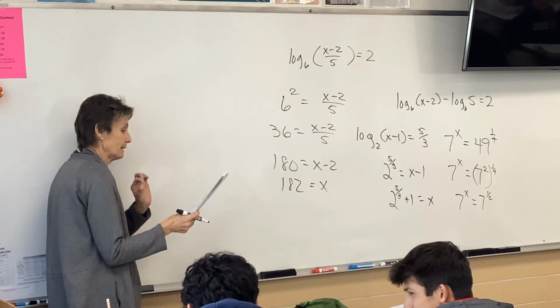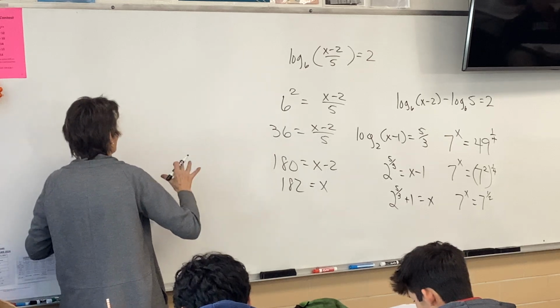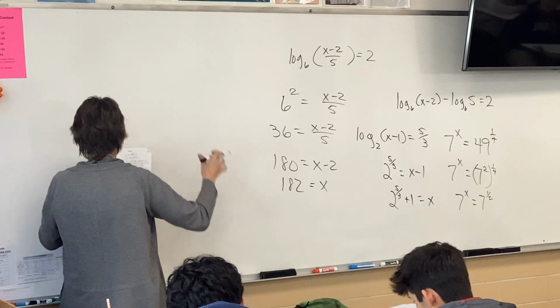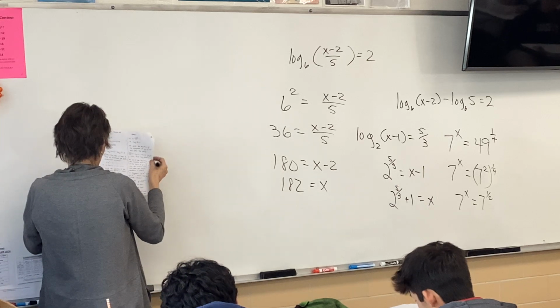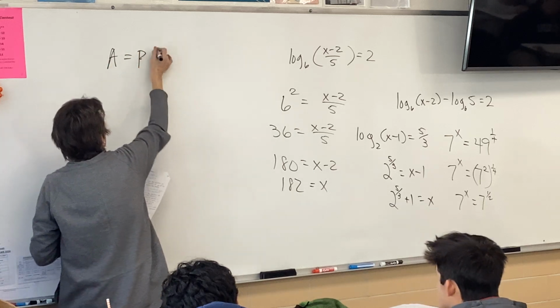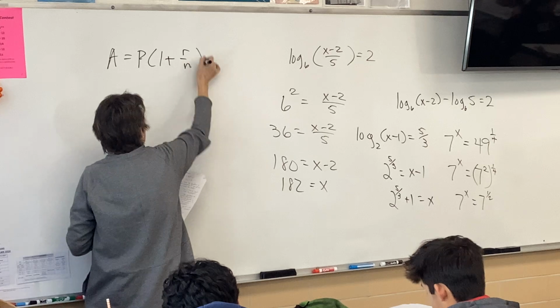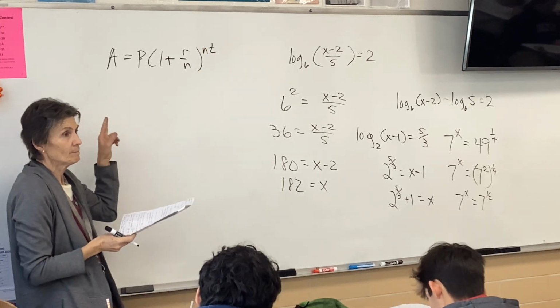Speaking of one that's a little bit more difficult, not because of the math, but because of the calculator aspect. Number 11. Would everybody agree that number 11 requires this formula?